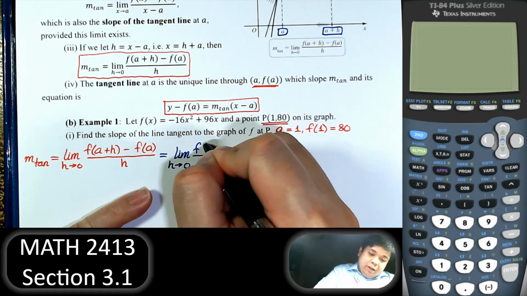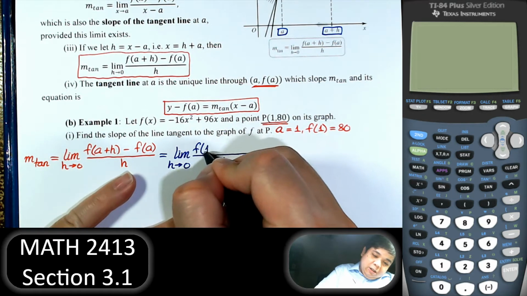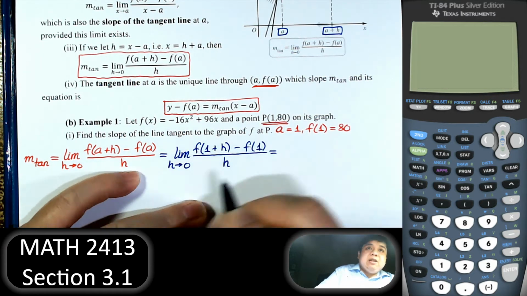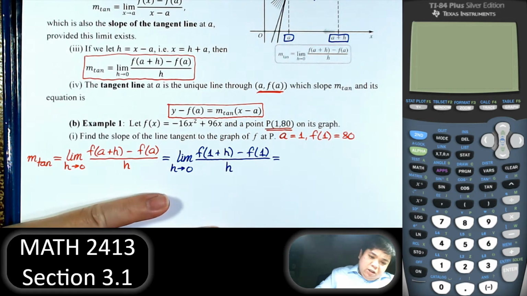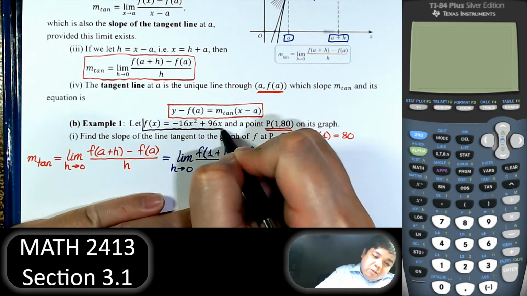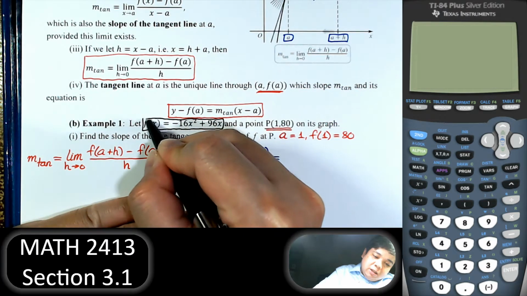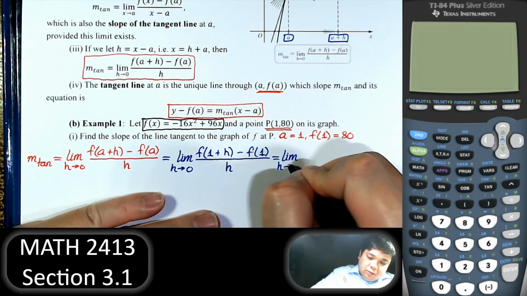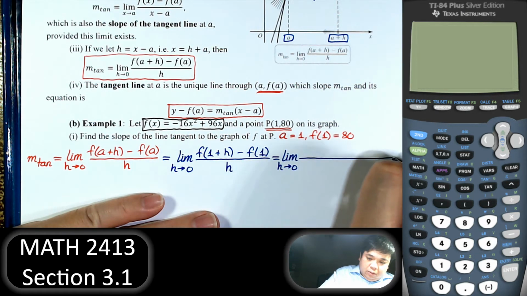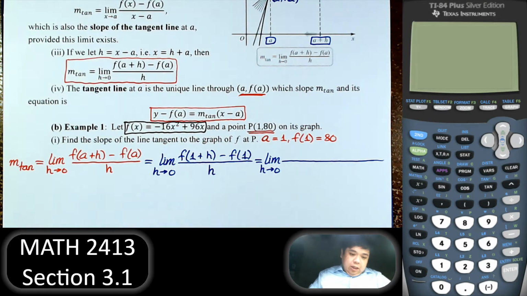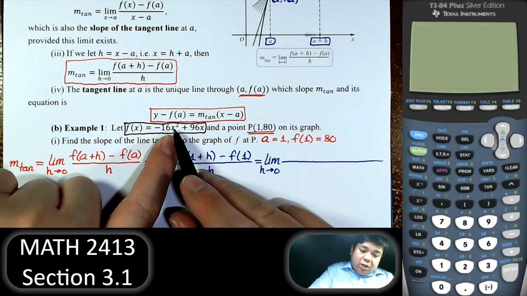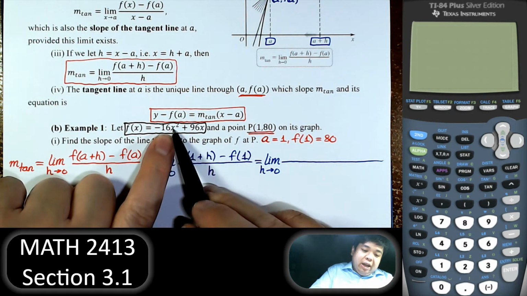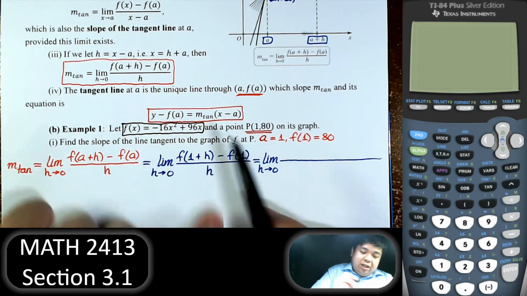So if A is 1, so we have that. Now the function is negative 16x squared plus 96x. So I'm going to put 1 plus h into x squared, and then 1 plus h into x here.